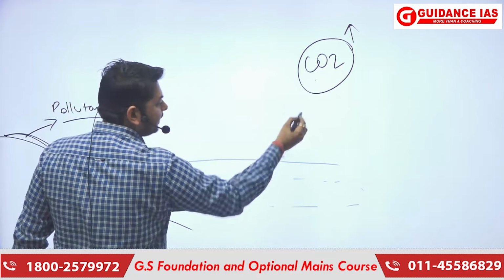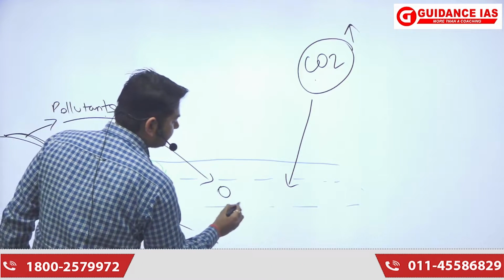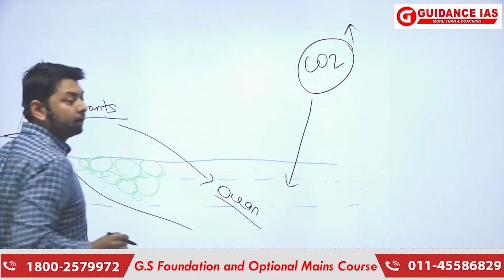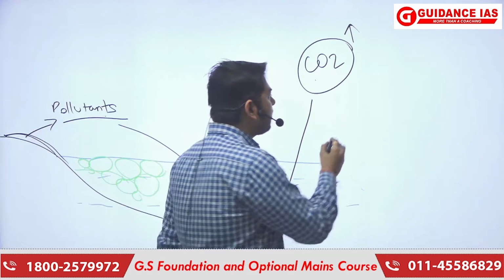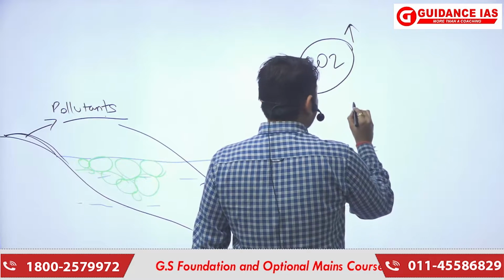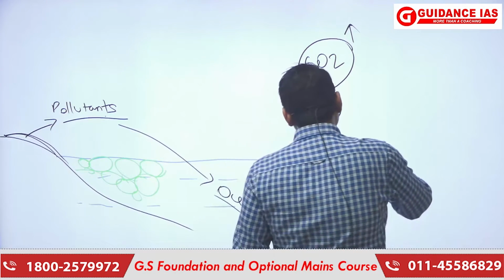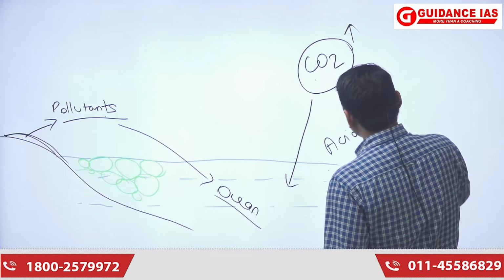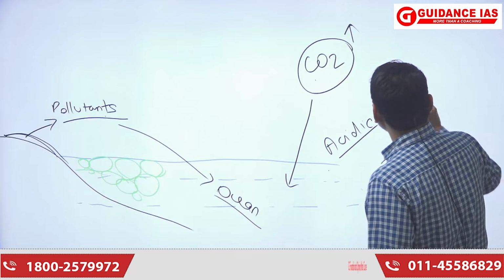This CO2 and these pollutants get mixed with the ocean. This mixing leads to the formation of acidic water.